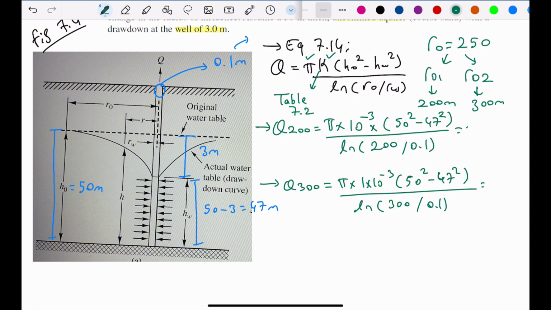And this gives, the first one gives 0.12 cubic meter per second, and this one gives 0.114 cubic meter per second.